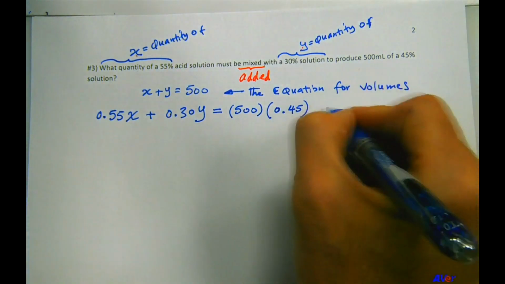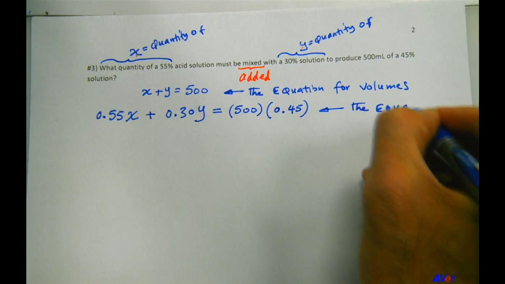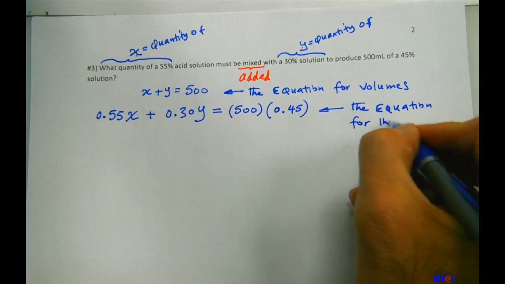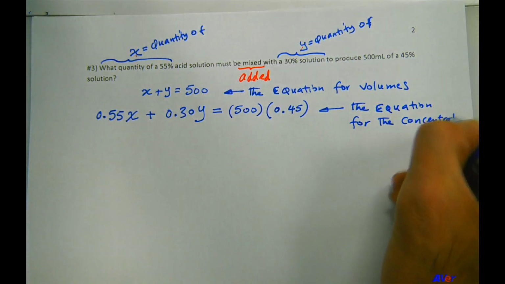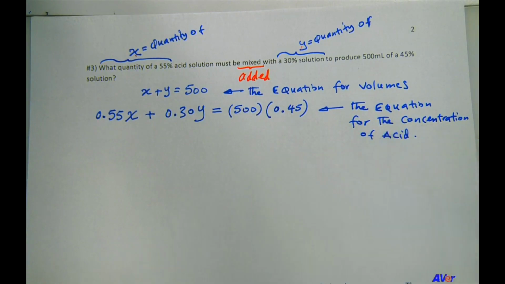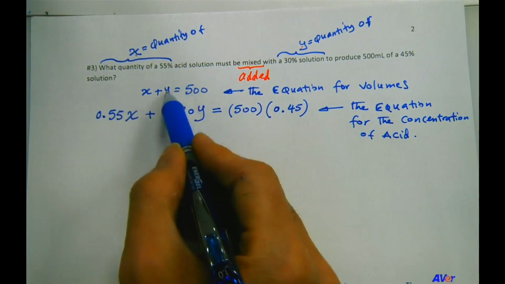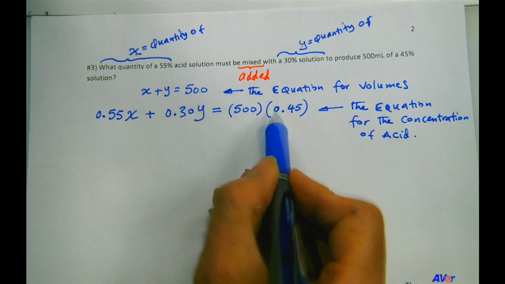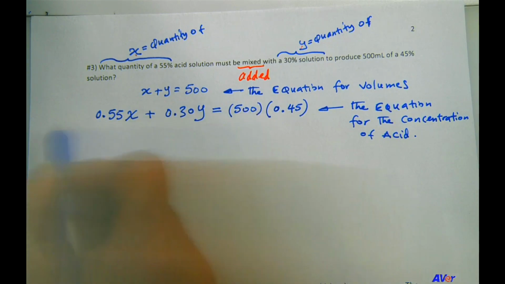So this is the equation for the concentration of acid. This X had 55% concentration. This Y had 30% concentration. And the total mix, we wanted to have a 45% concentration of the acid. So that's the equation for acid.